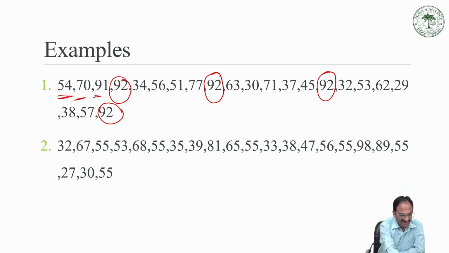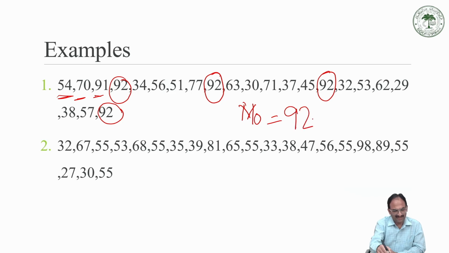Similarly, 91 is only once in this whole data set, and its frequency is just one. So you can say that the mode is equal to 92 for this particular data set. Why? Because 92 has appeared most of the time. 92 has the highest frequency.